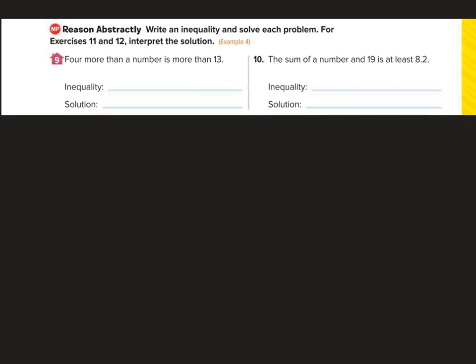Number 9, 4 more than a number is more than 13. So I'm going to write 4 more. More means addition usually. This is the number 4. Than a number. I'm going to let n equal a number.